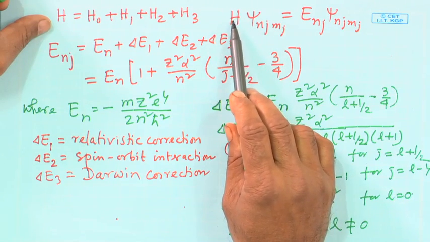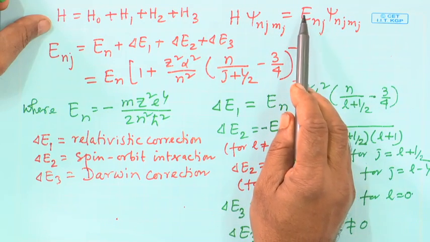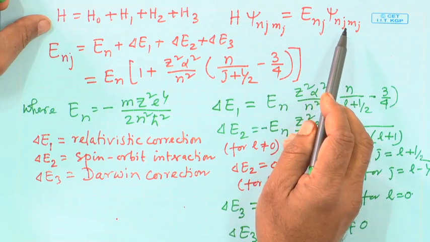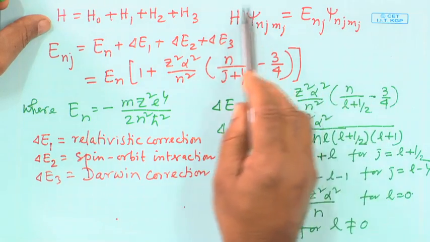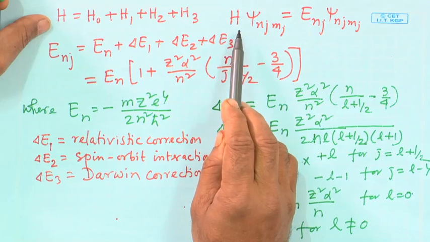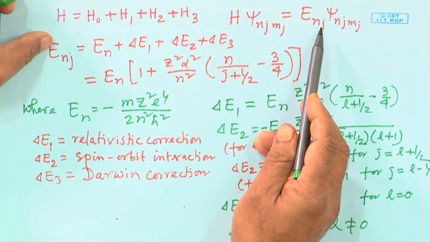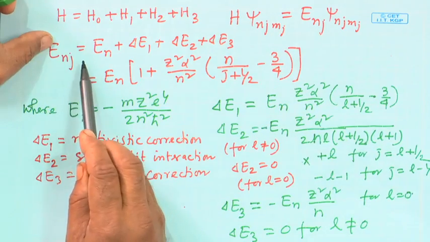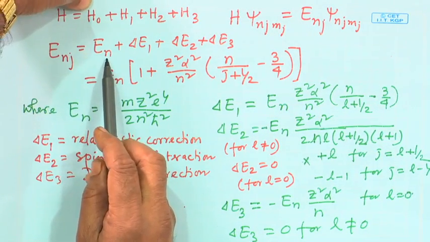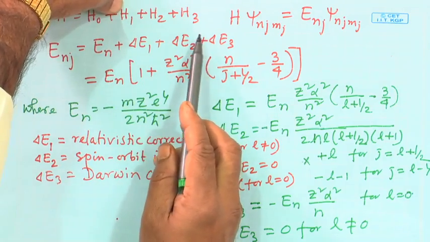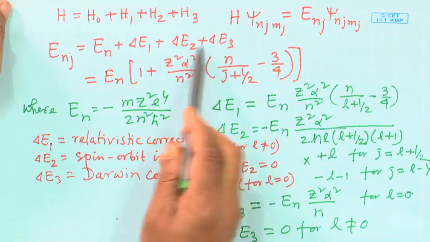If you apply this Hamiltonian on this wave function, you will get the energy E n j times psi n j m j. So this is the eigenvalue equation, and this energy E n j equals the energy from H0, which is E n, plus the correction terms delta E1 plus delta E2 plus delta E3.